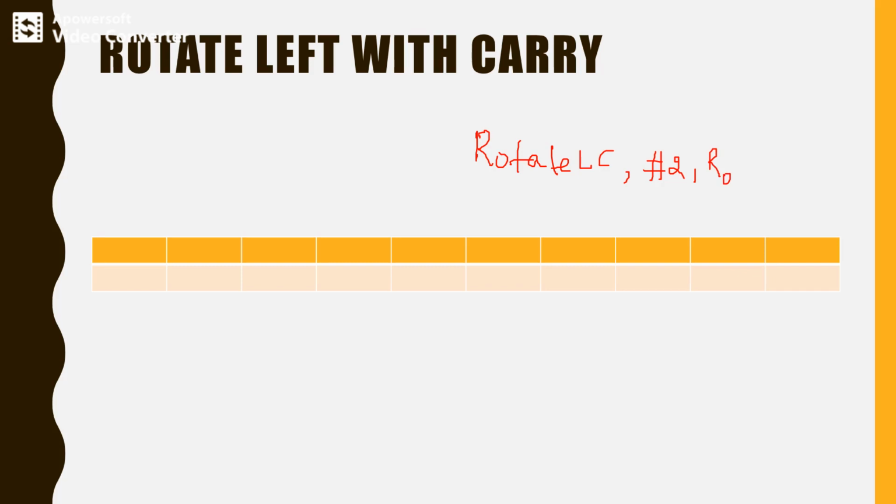Before performing the rotate operation, the carry value is 0. So this is the carry, and the actual value of the processor register is 0, 1, 1, 1, 0 followed by 0, 1, 1.